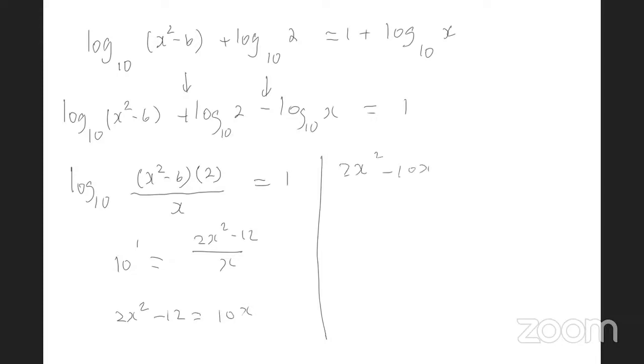Then do your little thing, solve it quick. 2x squared minus 10x minus 12 is 0. And then you solve for x. How much you get?